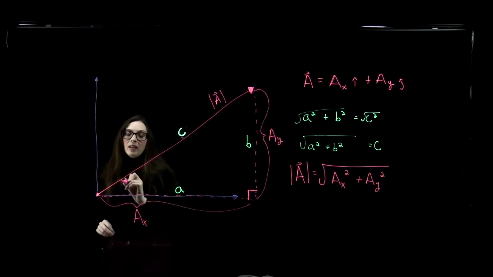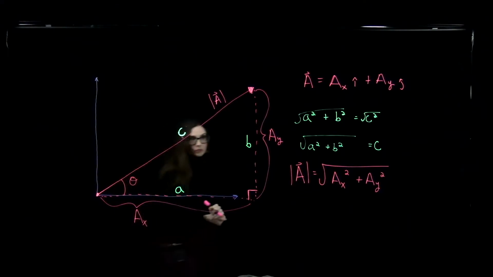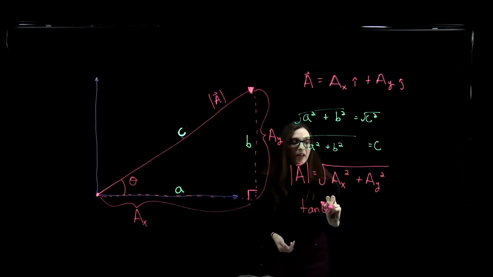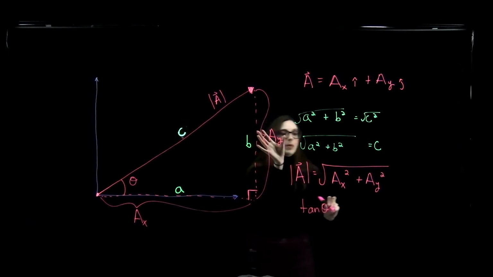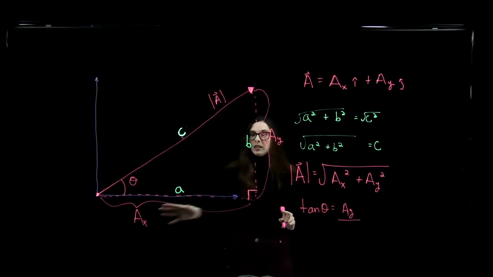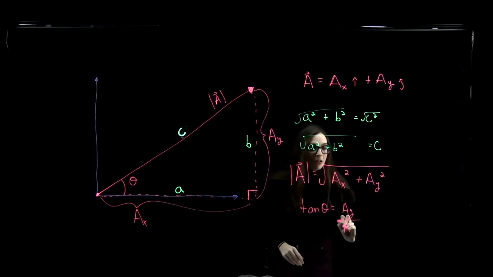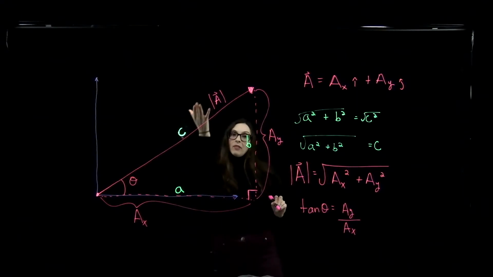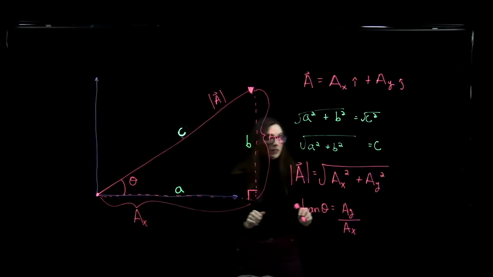We can also find this angle here, theta, by using tangent. Tangent of my angle theta is equal to the opposite side, which is Ay, over the adjacent side, which is Ax. So if I know the x and y components of my vector, I can get this angle theta, the angle that that vector is with respect to the positive x-axis.